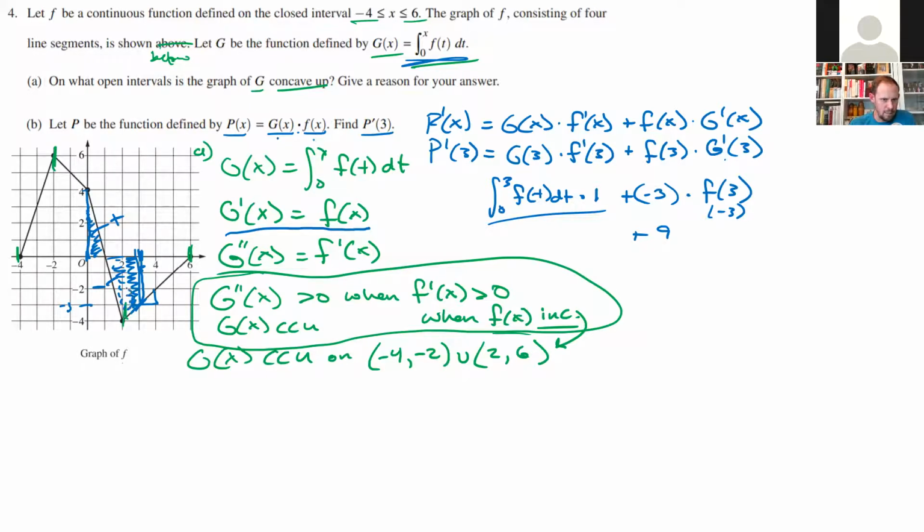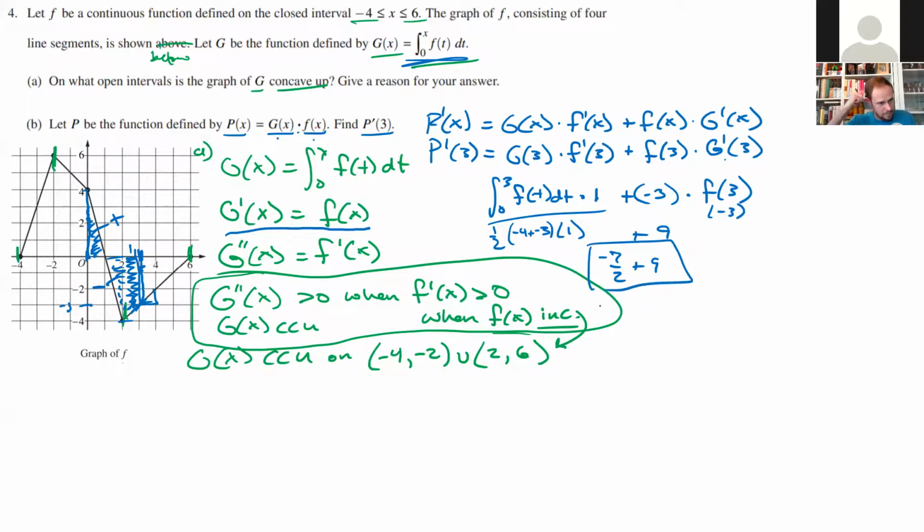All right, that little trapezoid. So let's see, that's 4, that's 3, the width is 1, and it's negative. So we've got the average of -4 and -3, times the width there, which is 1. So that's -7/2 plus 9.